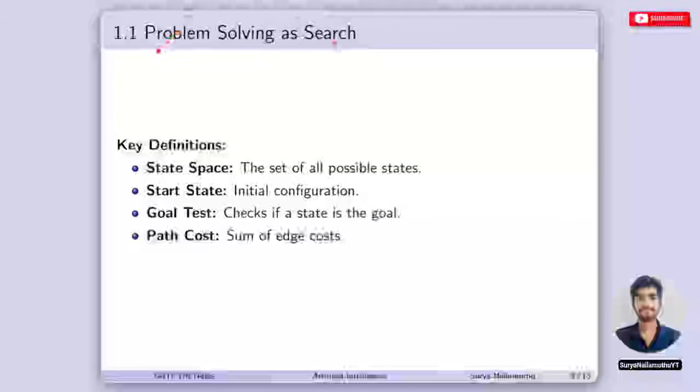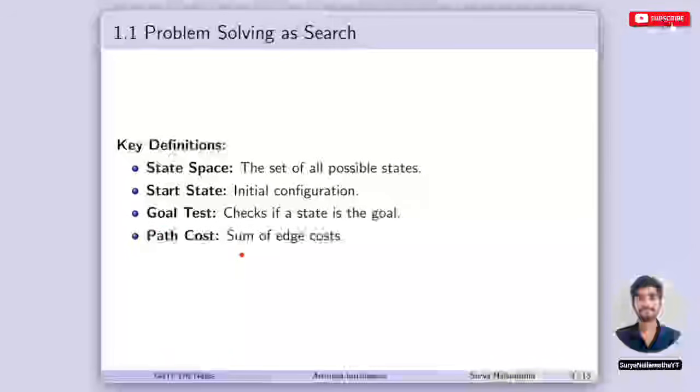The approach followed is problem solving as search. The problem is solved as a search, right? Like ChatGPT: we send something to it, then we get the answer. The key definitions are state space, start state, goal test, and path cost.